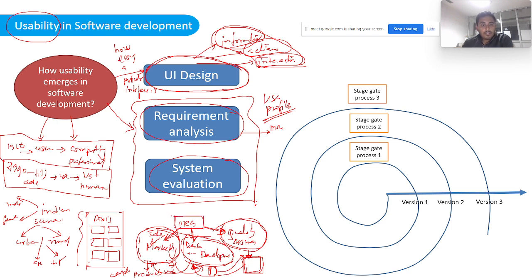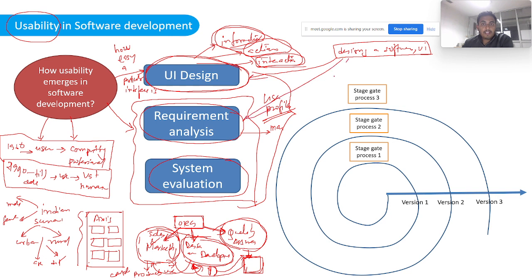Okay. So now it's the job of a designer to analyze all these three aspects in the design of a software product or any product. Okay. So when we consider designing a software application or user interface, now the role or the scope of designer or scope of usability come here, here, and here.